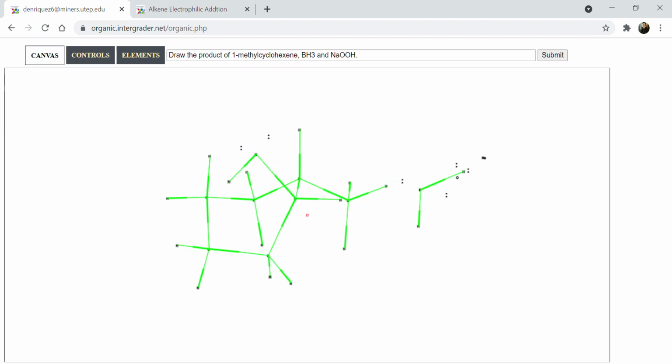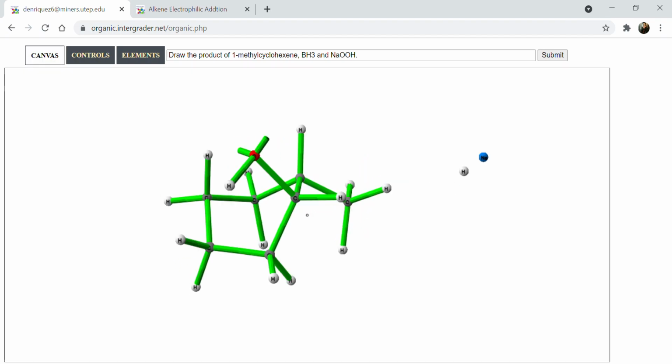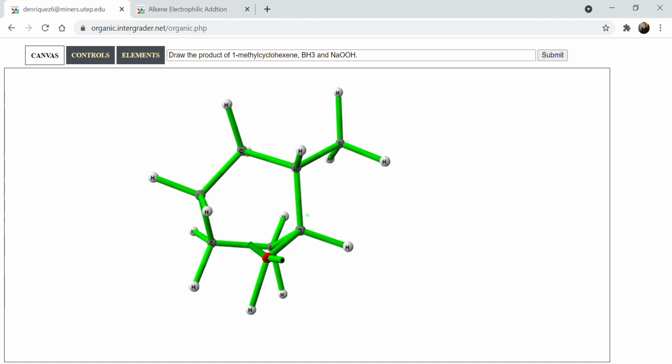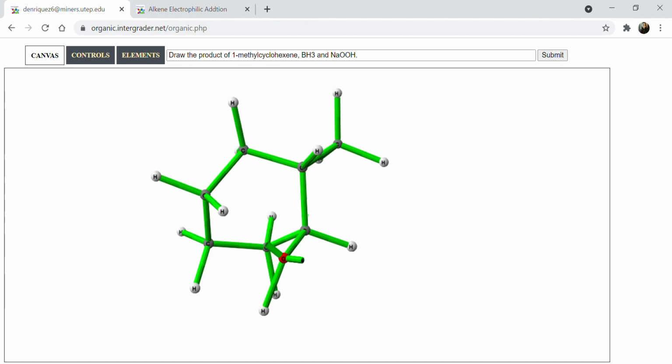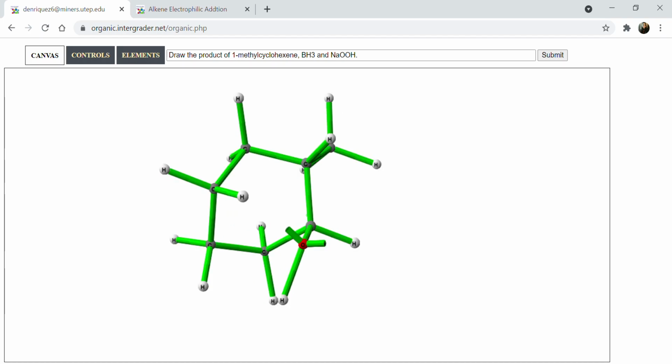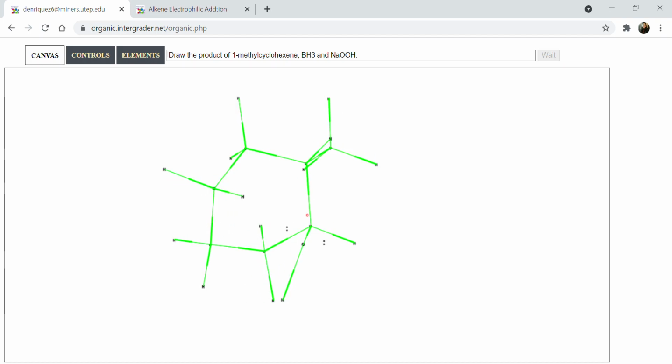And then I'll go ahead and delete all these things on my canvas. Okay, so my hydrogen and my OH group are both facing up, and the other ones are facing the other way, so that should be good.